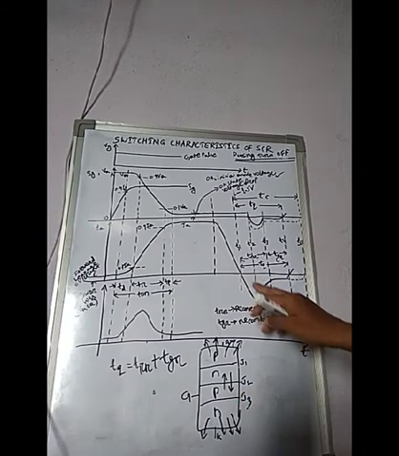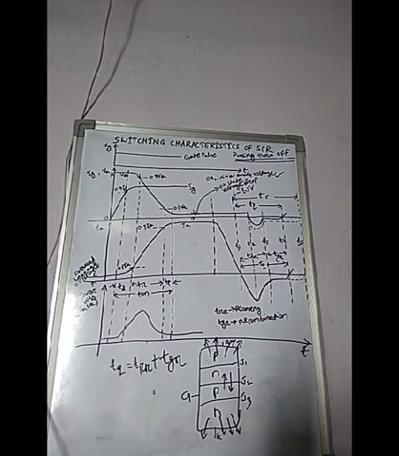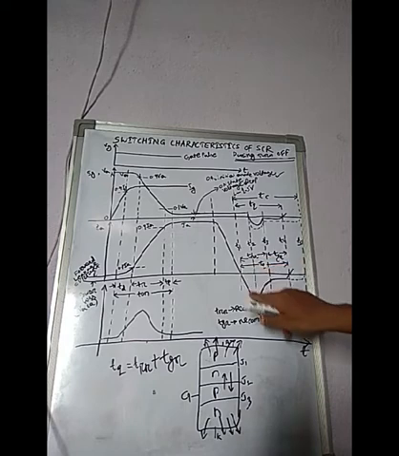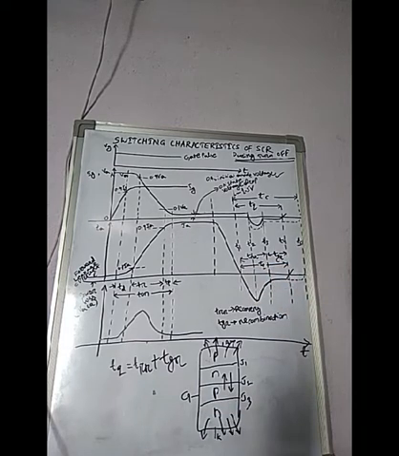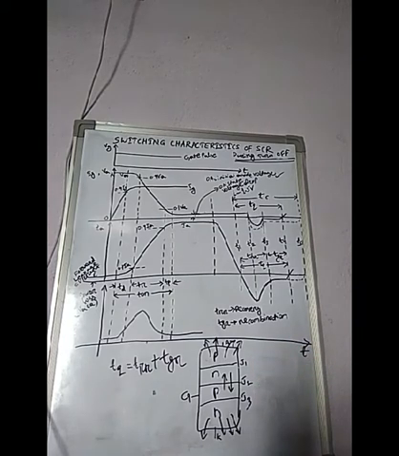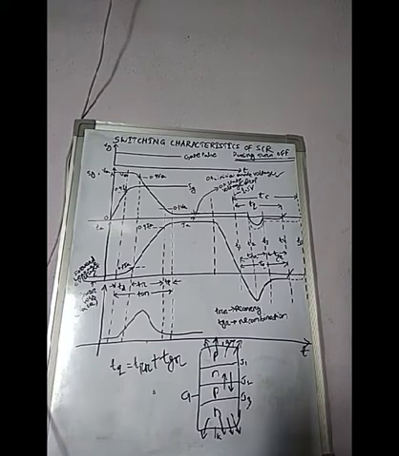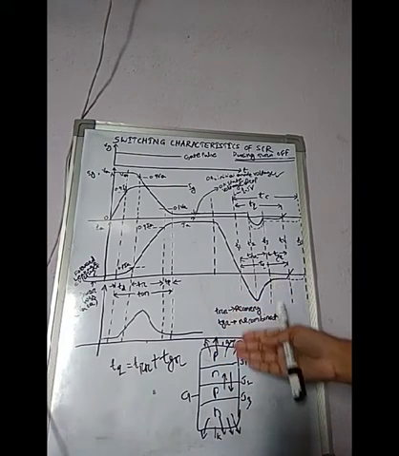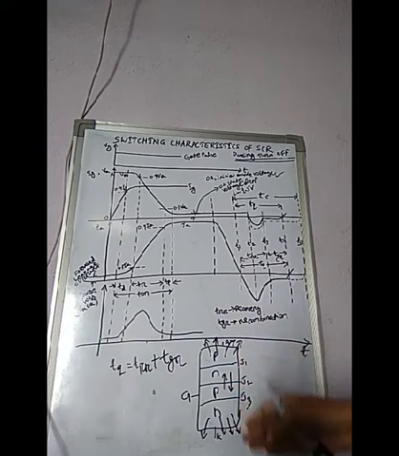From this instant to this instant, T1 to T3, the reverse recovery current removes the excess charge carriers from J1 and J3. The reverse recovery current flows due to the sweeping out of holes from the top P layer and electrons from the bottom N layer.